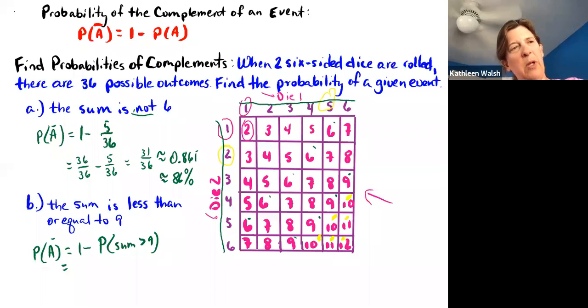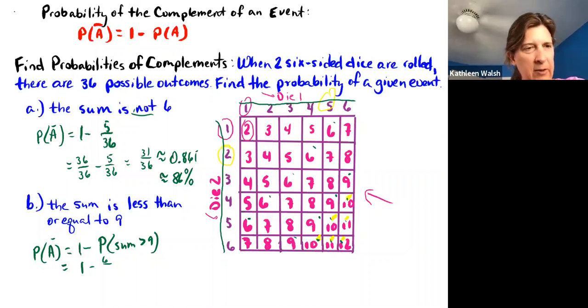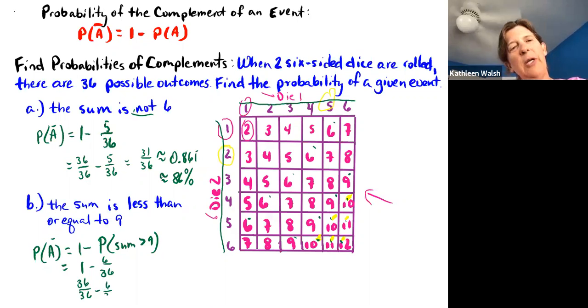The probability when the sum is greater than 9 is 1, 2, 3, 4, 5, 6 over 36. And we said 1 is 36 over 36 minus 6 over 36. And that is equal to 30 over 36.